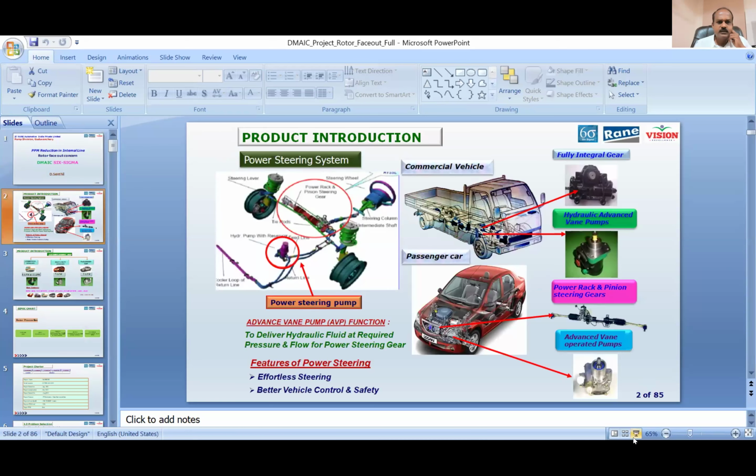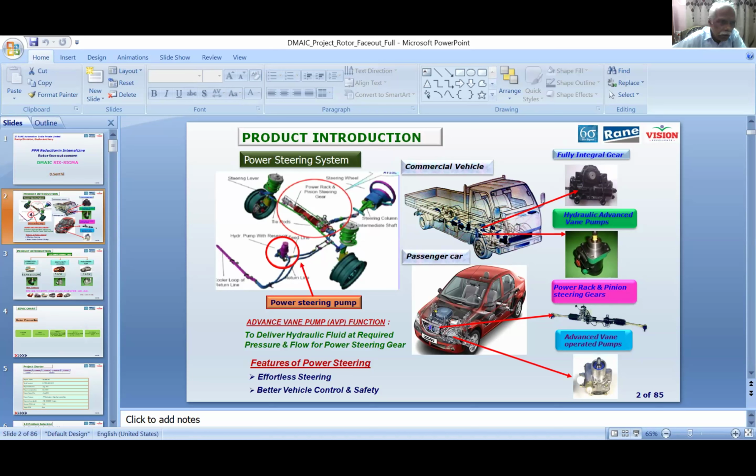For me, it is not showing in presentation mode. Click that slideshow on top.